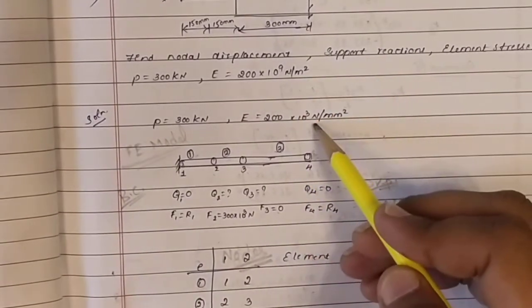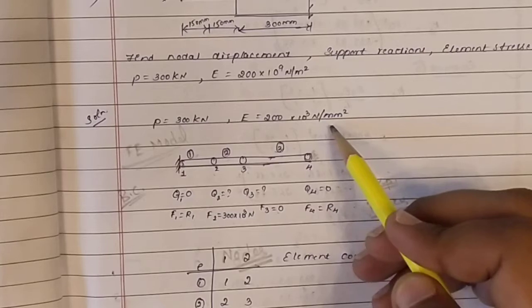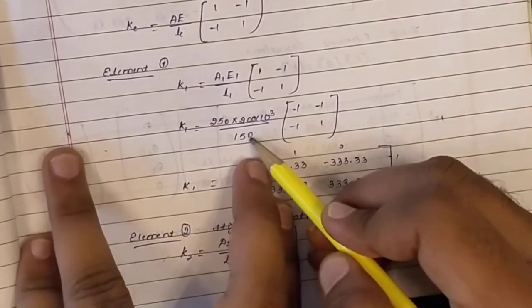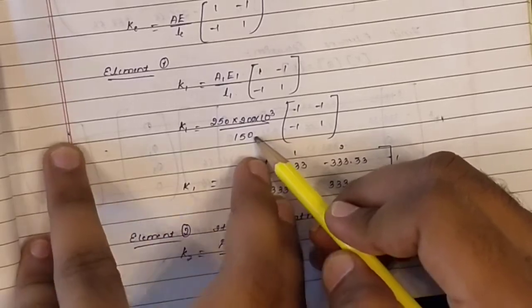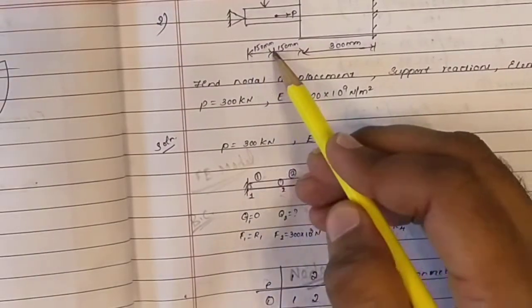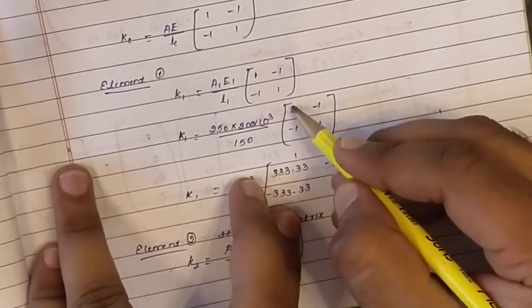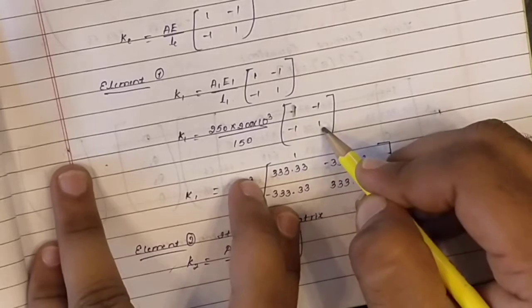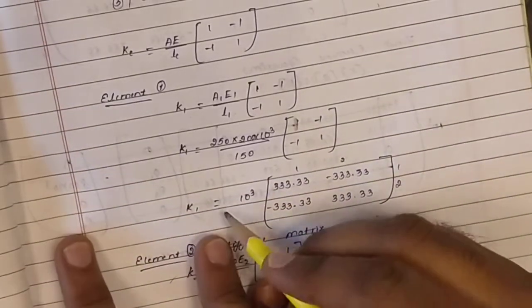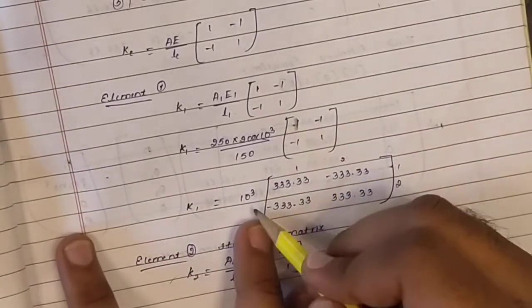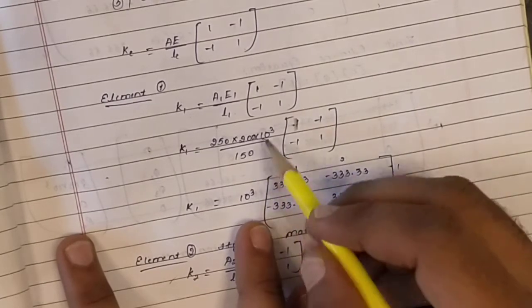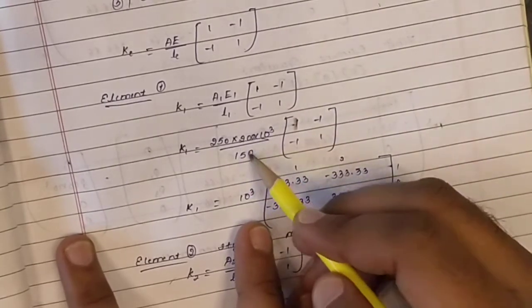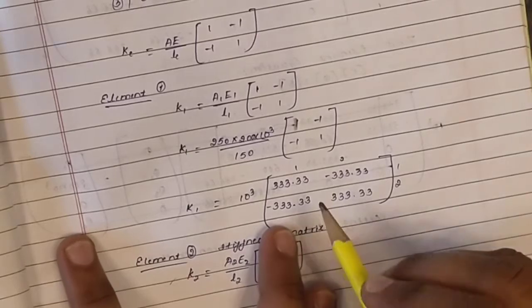Convert that into Newton per mm square, so it is 200 into 10 power 3 Newton per mm square, divided by 150, the length. This is the matrix [1 -1; -1 1]. Keep 10 power 3 outside as common and multiply the whole thing inside the matrix.